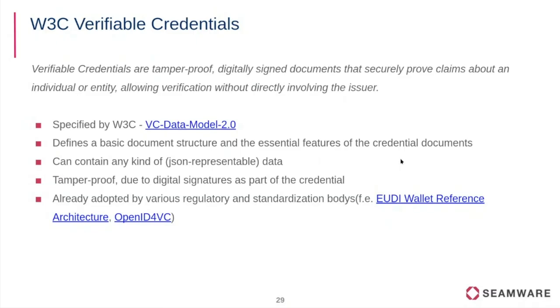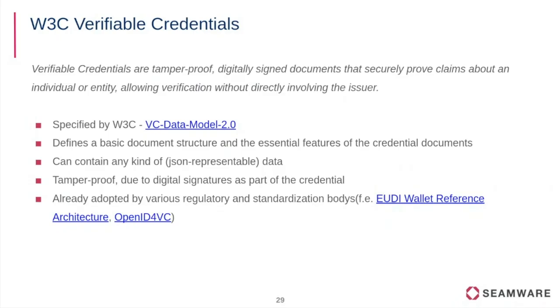Verifiable credentials are tamper-proof by design because they have digital signatures as part of the credential itself, and they are already adopted by various regulatory and standardization bodies. As mentioned, we're using the OpenID for Verifiable Credentials protocols, so they are adopted by the OpenID Foundation. If we talk about data spaces, there obviously is also the Decentralized Claims Protocol, which relies on verifiable credentials.